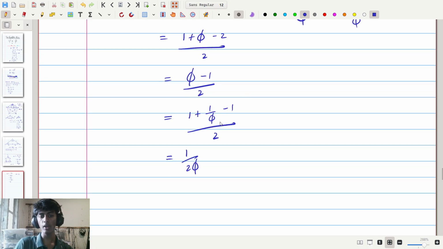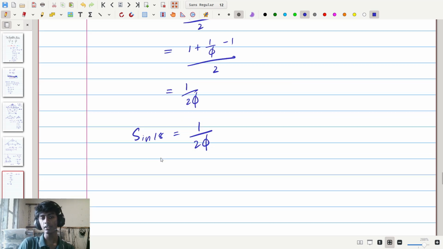This is actually where we usually end this and write that the sine of 18 degrees is equal to 1 divided by 2 times the golden ratio. As in the sine of the angle 18 degrees, which is pi by 10 radians, so sine of pi by 10 is equal to 1 divided by 2 times the golden ratio.